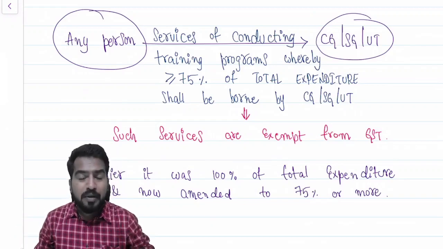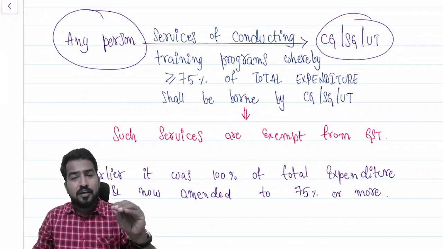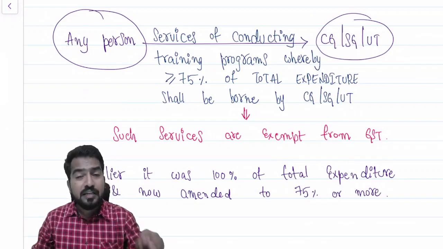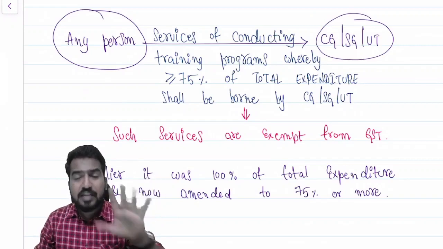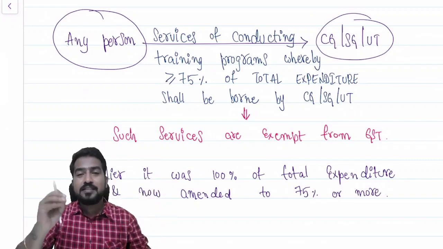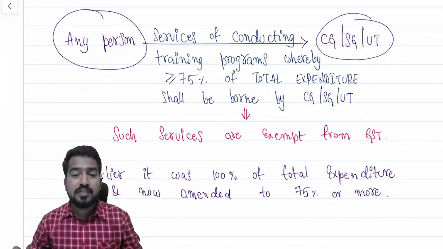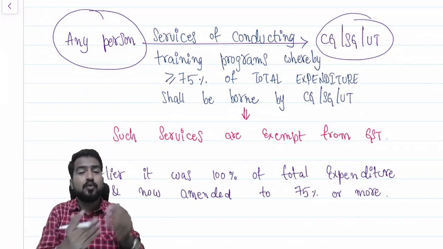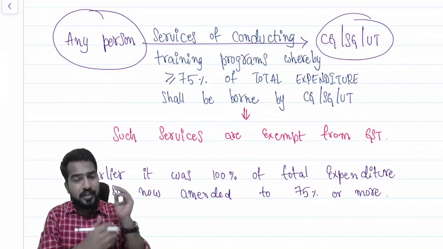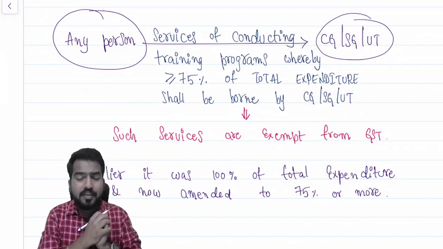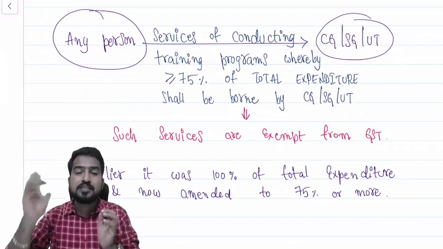Now, the amendment was made in such a way that not the total expenditure, even if at least 75% of the expenditure is borne by the central government or state government or union territory, then such services by way of conducting the training programs by some private players or any training partners etc. shall be exempt from GST.